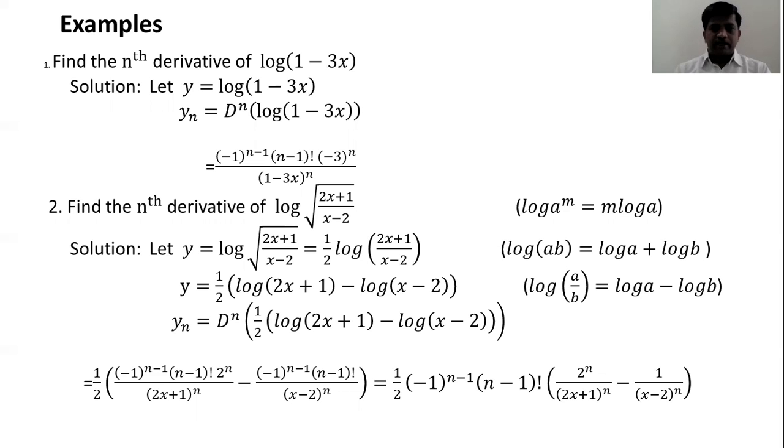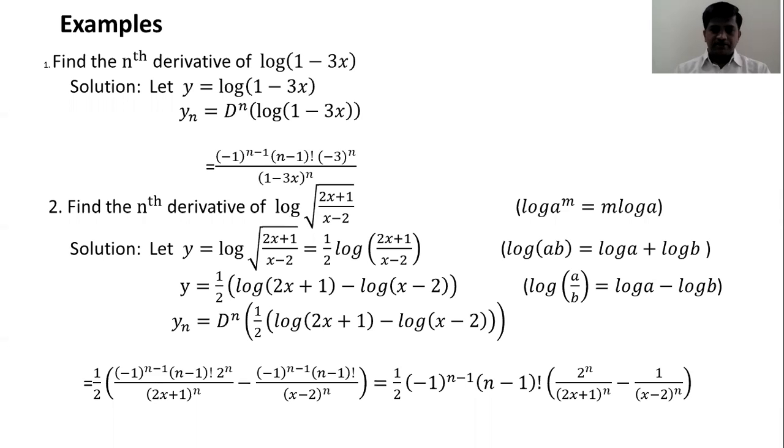Now we can apply nth derivative on both the sides. Then nth derivative of first term log of 2x plus 1, here a value 2, minus 1 to the power of n minus 1, n minus 1 factorial into 2 to the power of n divided by 2x plus 1 whole power n, minus the nth derivative of the second term, here a value 1, minus 1 to the power of n minus 1, n minus 1 factorial, 1 to the power of n divided by x minus 2 whole to the power of n.